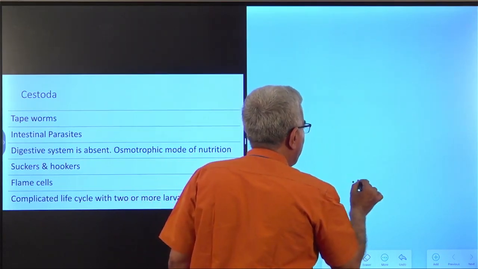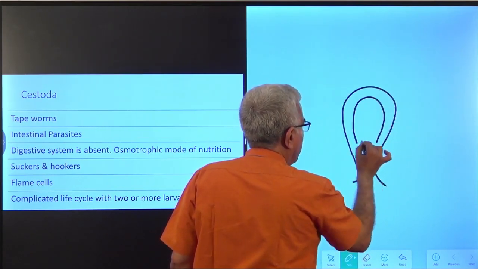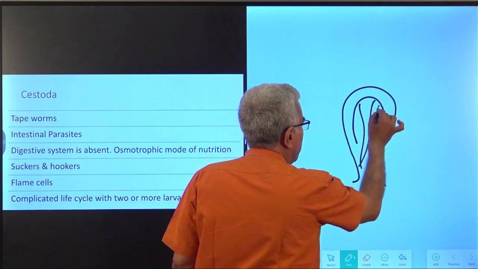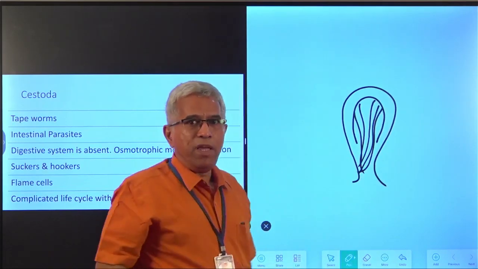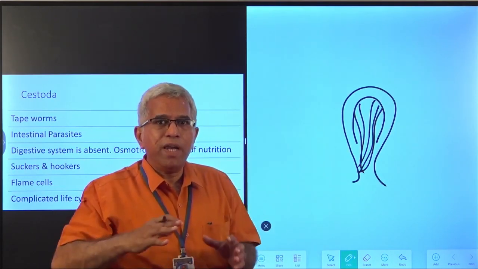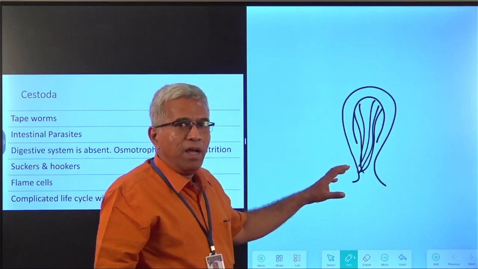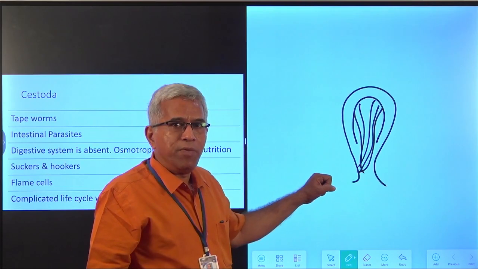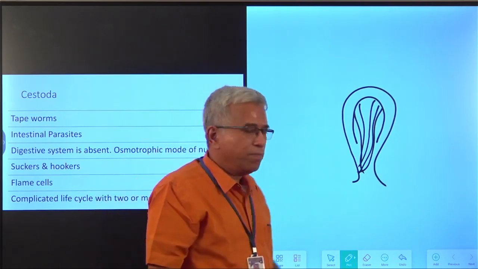Let me draw the diagram of flame cells. And in this lumen, there is a tuft of cilia which will be flickering like a flame. Because of the tuft of cilia, which simulates the flickering of a flame, these are called flame cells, and they draw the nitrogenous waste materials, and they are useful as excretory organs.